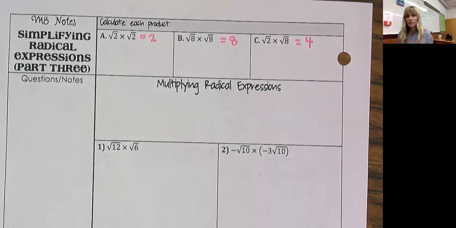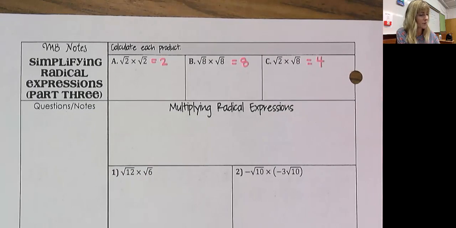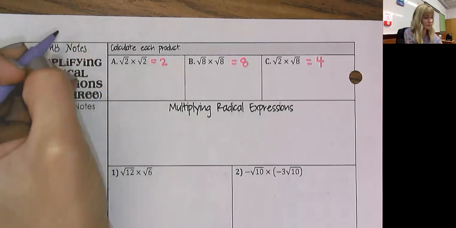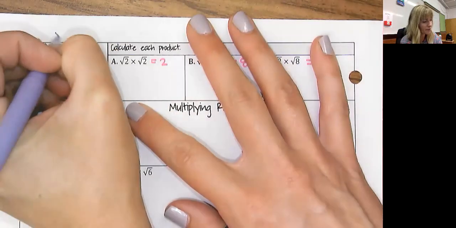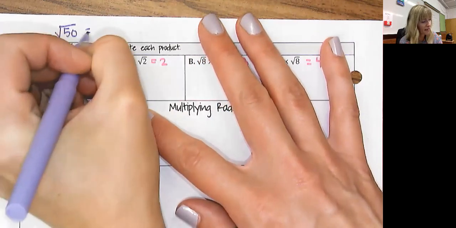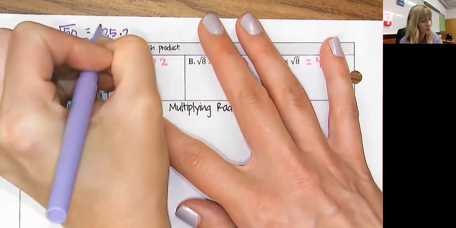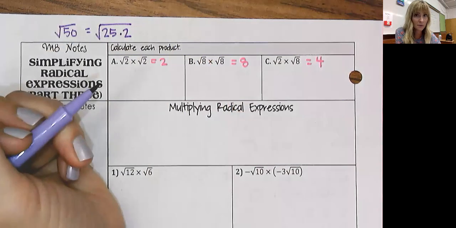Well, in order to tell why that is happening and where those answers are coming from, let's put one example up on the top for ourselves here. One thing that we know from when we were simplifying, for example, if I started you with square root of 50, we would factor that and we'd say, okay, 50 is really 25 times 2.